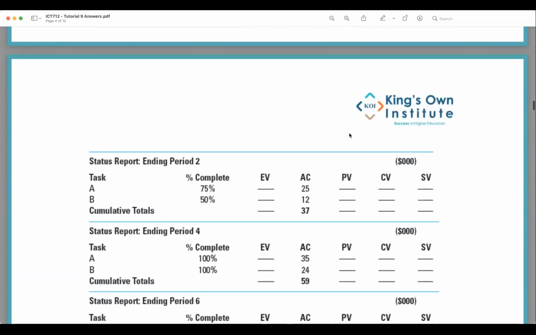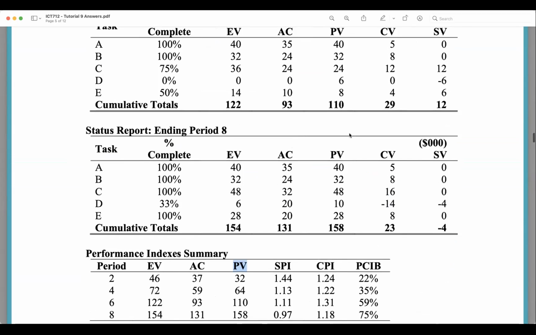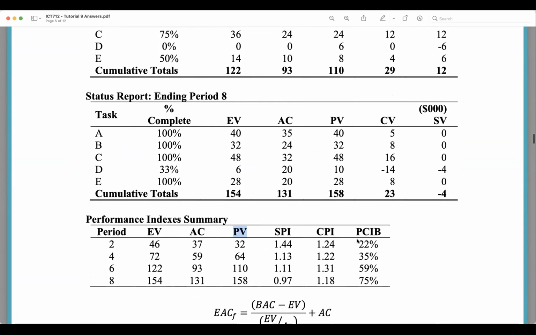So when I make 46 divided by 206, which is my budget at completion, that tells me I have completed 22% of the work. Percentage of completed work, I've completed 22% of the work that I'm supposed to be completing.